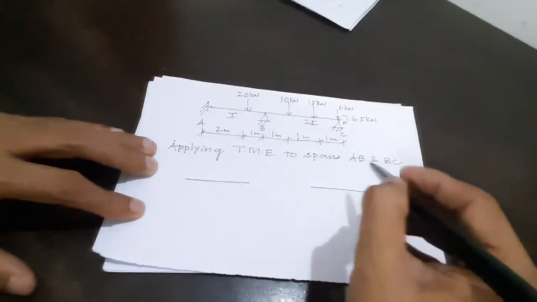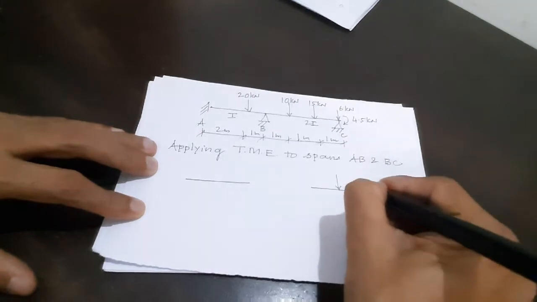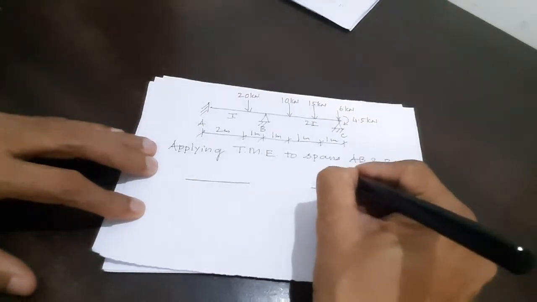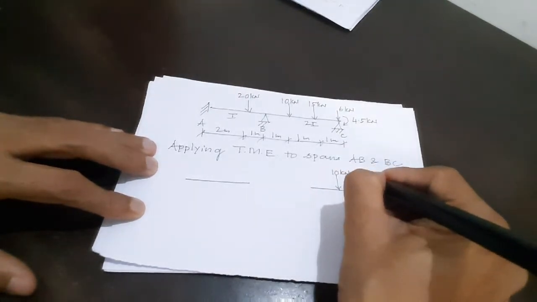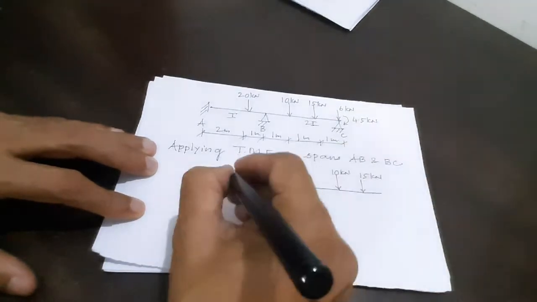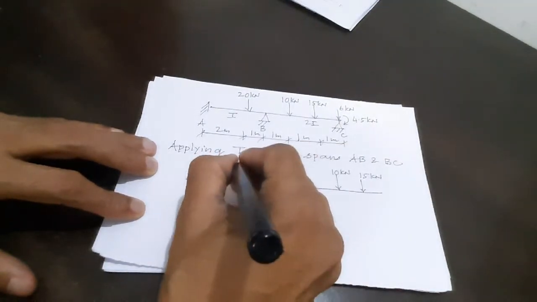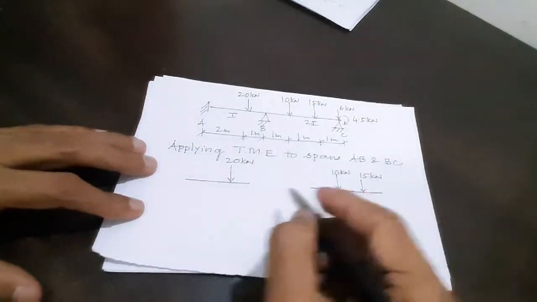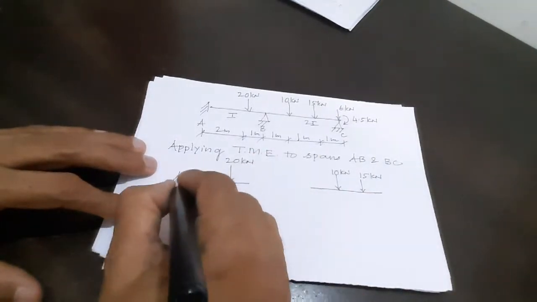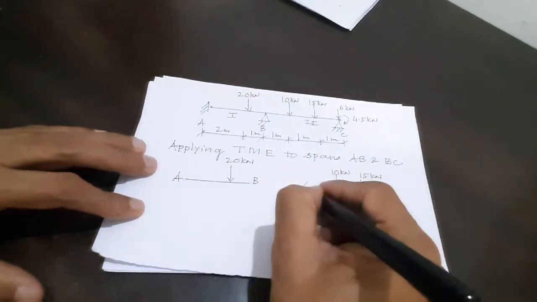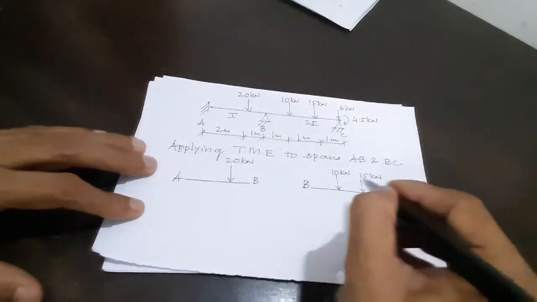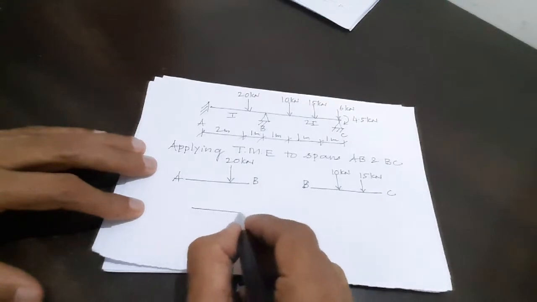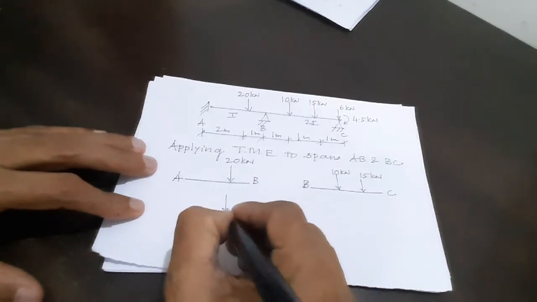Now my friends, BC span, this 10 kilonewtons and 15 kilonewtons. There is a beauty lying in it. I have purposefully taken these two. Now, while discussing BC span, let us discuss AB span later. I know how to draw the bending moment diagram for AB. I am talking about span BC.